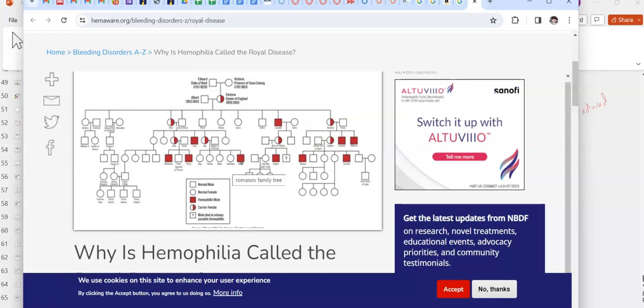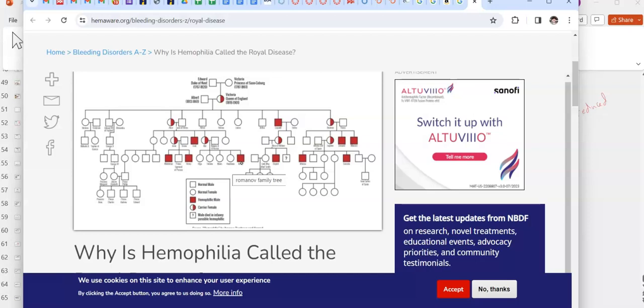And so you probably know, back in the day, you wanted to be a male to be the heir to the throne. And so this guy named Rasputin, which you may have heard of, and if you haven't, you can look it up, kind of a bad guy, convinced Tsar Nicholas II that he could cure his son of his hemophilia, and he did it with blood transfusion and leeches and stuff.